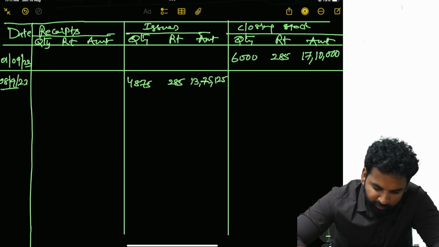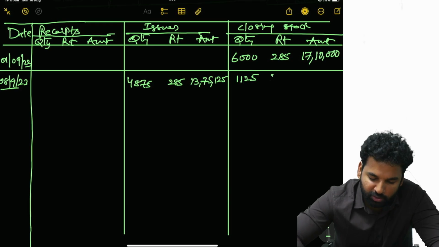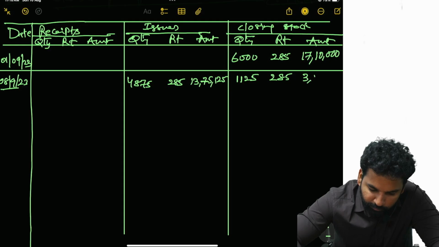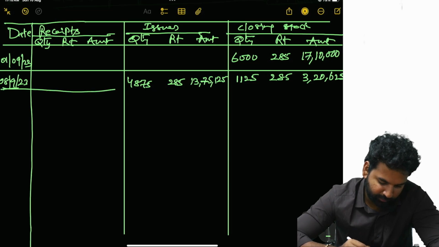So remaining material will be 1,125 at cost 285 only. What is the cost? 20,625. Right? Okay.